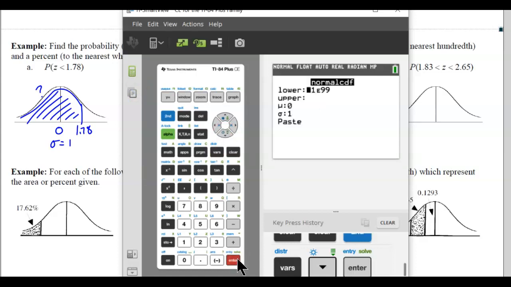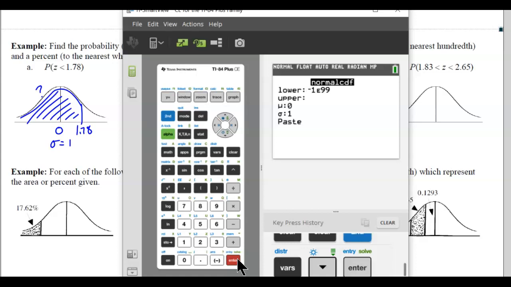Sometimes as a default setting, it will put in -1 E 99, which means in scientific notation, -1 times 10 to the 99. So it's -1 with 99 zeros in the negative direction. It's the smallest value that the calculator can hold.